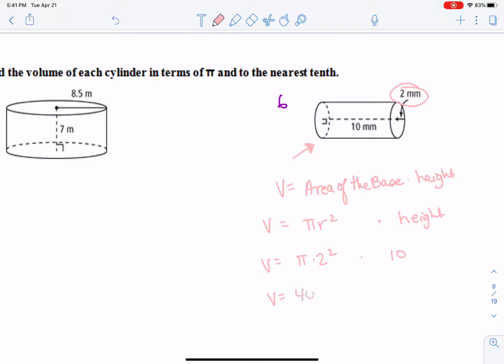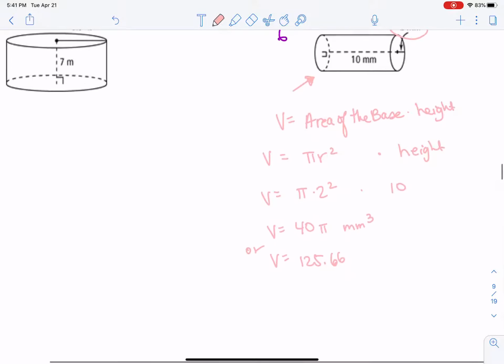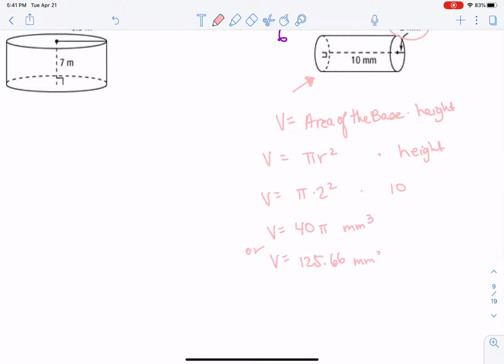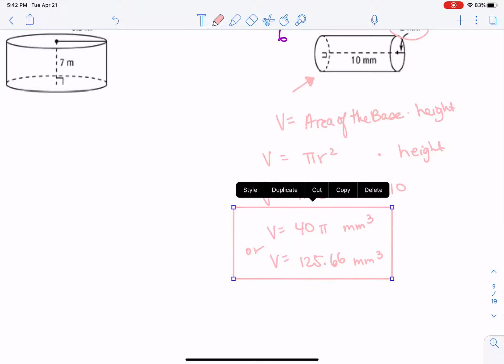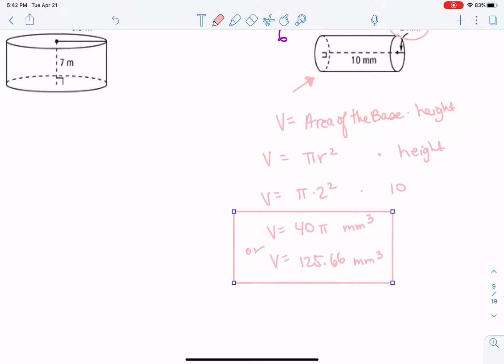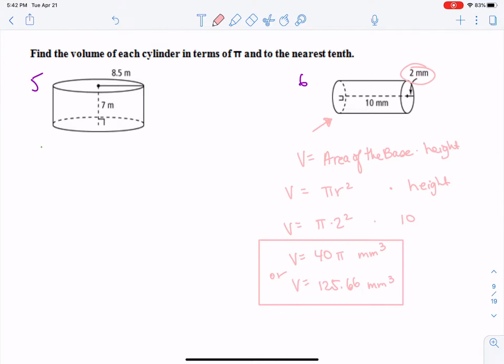That gives you 40 pi millimeters cubed, or if you want decimals, that is 125.66. And again, if you'd like to try the other one, you can.